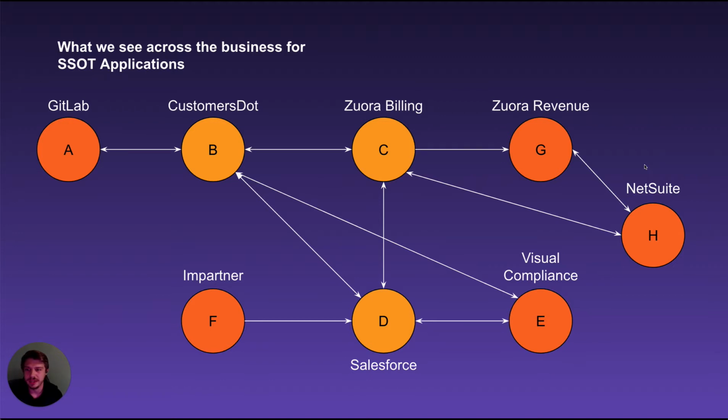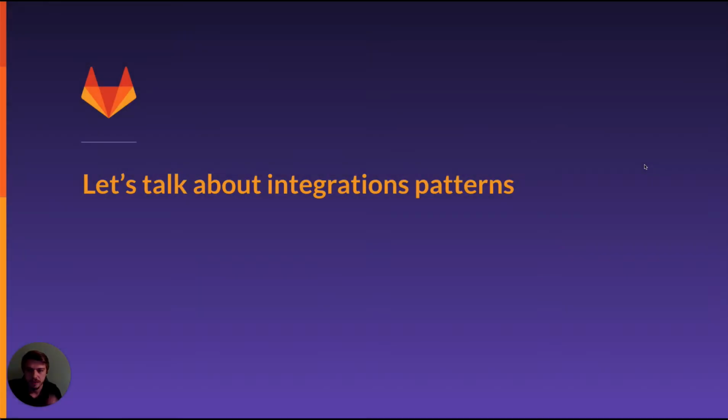And when these systems end up on a critical path for a customer experience, like a customer being able to buy a subscription from us, that can be super critical to the experience that the customer ends up having. So it's super important that we have good practices around integrations in order to have great customer and also employee experience as well. So let's talk about integrations patterns very quickly.